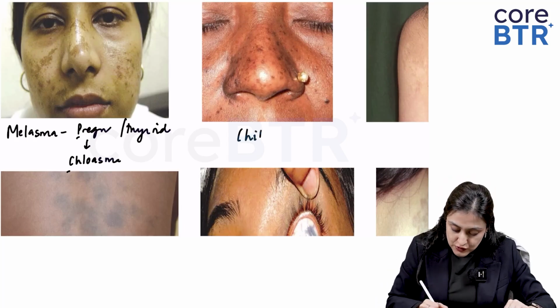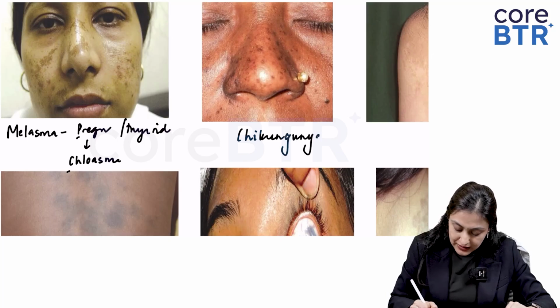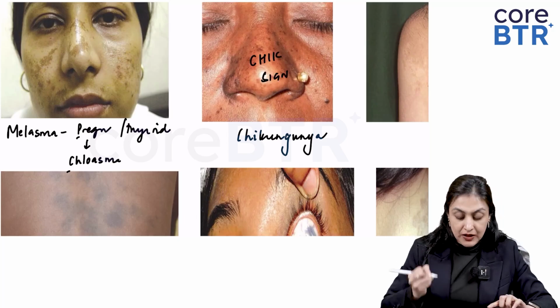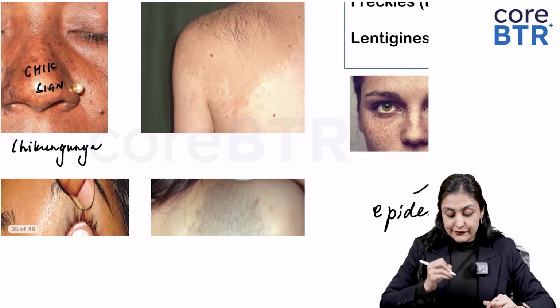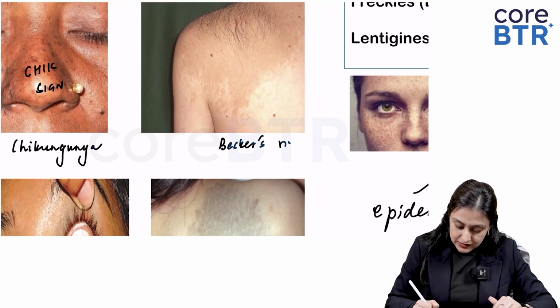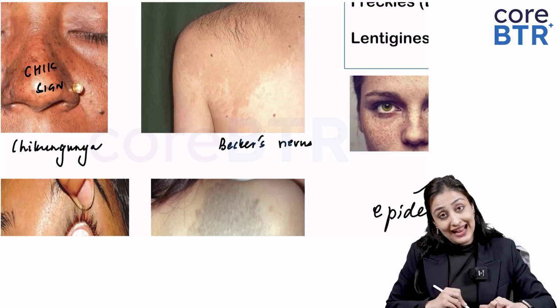What is this? This is the pigmentation that is seen in chikungunya. Nose is involved and this is called the chik sign, right? Then you have this nevus, the boy is called Becker. So this is Becker's nevus with hair and pigmentation.